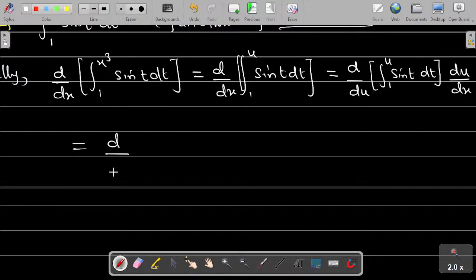So we'll have d/du of the integral of this, like I said earlier, this one will be the integral of sine, which is minus cosine of t, all right, and then remember you're moving from 1 to u, and then multiplied by the derivative of that.